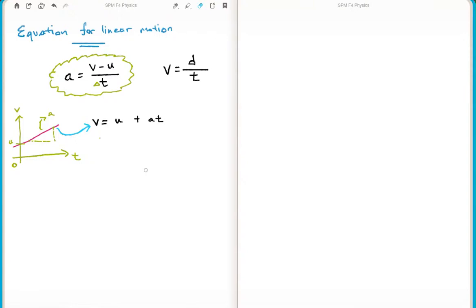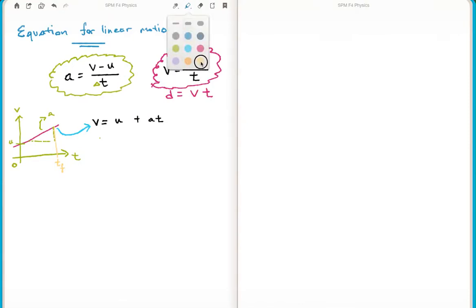With this graph there is more information we can get. The next thing: distance d is actually vt, from the concept that distance is the velocity quantity times the time quantity. If you have a v-t graph, the same graph, and want to find the total displacement from t0 to the final time t, the total distance traveled by your object, all you need to do is find the area.